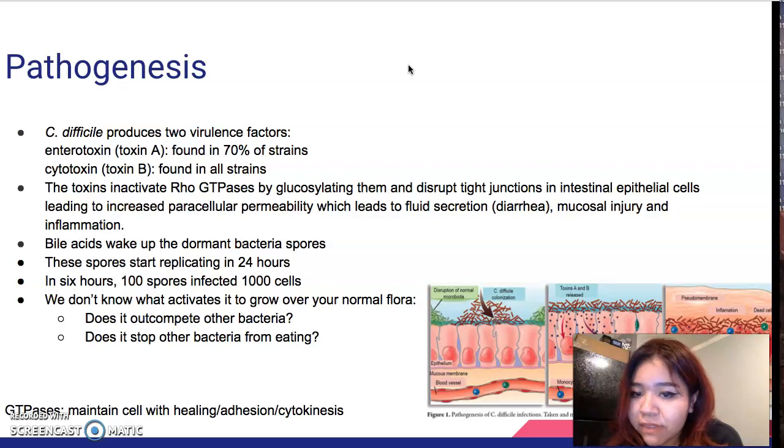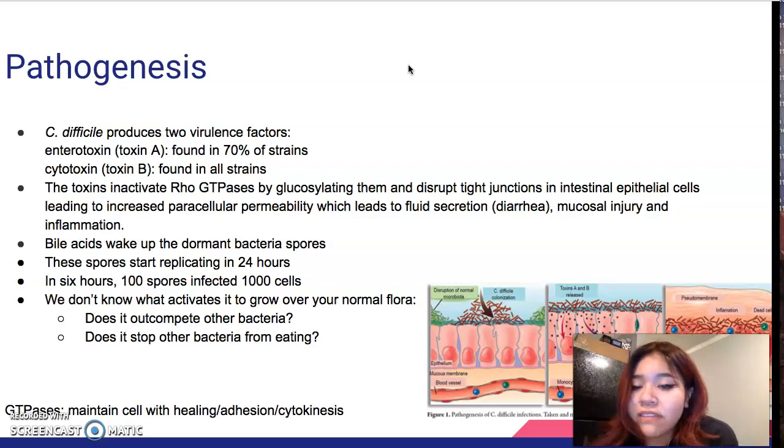These toxins will basically destroy the GTPases that maintain your cells and provide them with healing and adhesion. This will lead to fluid secretion, diarrhea, epithelial injury, and overall inflammation.